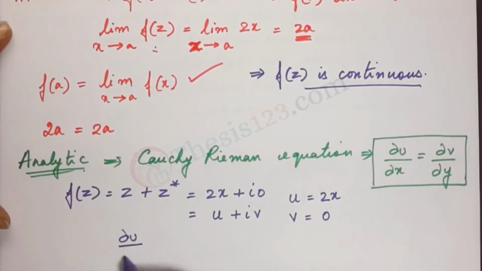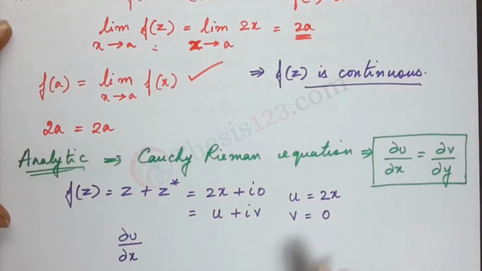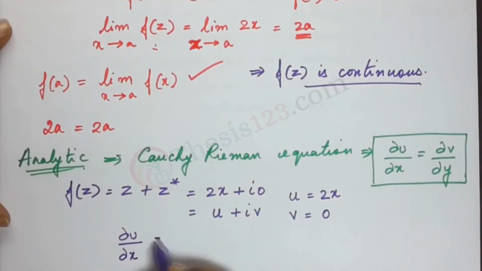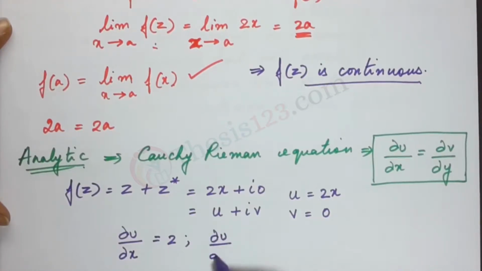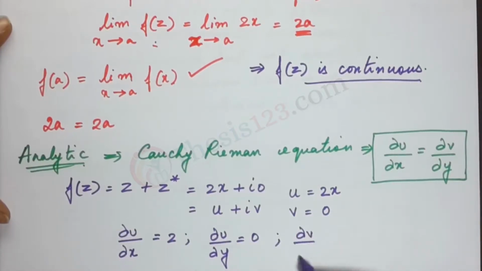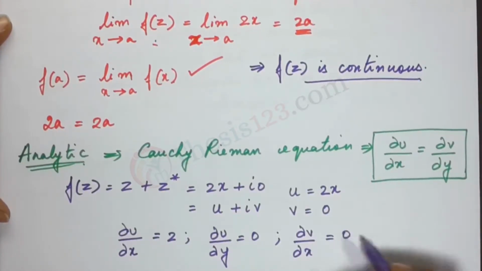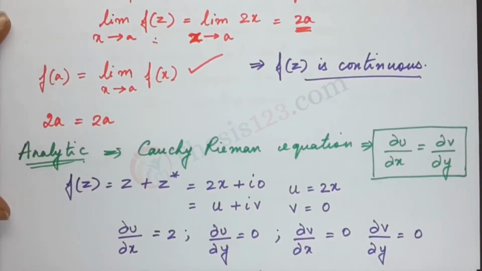Now if we take the partial derivatives of each, ∂u/∂x is 2, ∂u/∂y is 0, ∂v/∂x is 0, and ∂v/∂y is also 0.